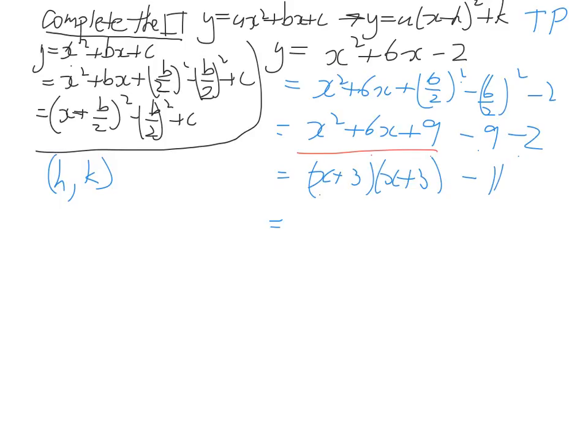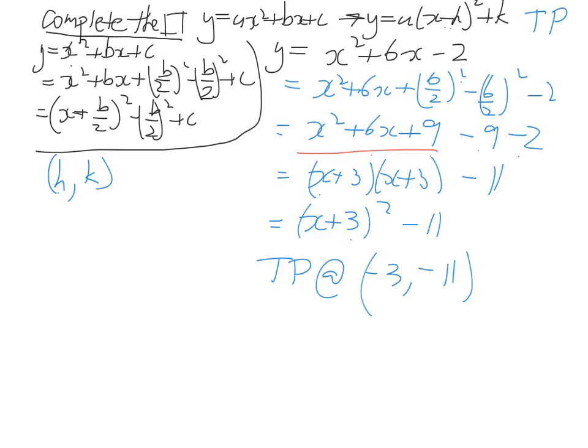So we end up with x plus 3, and whenever we multiply a number by itself, it becomes squared, minus 11. So therefore, we've got a turning point: if it's negative, then our value is positive, and if it's positive, then we've got a negative. So we're going to have a turning point at negative 3 and negative 11.